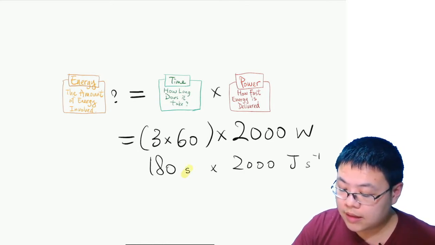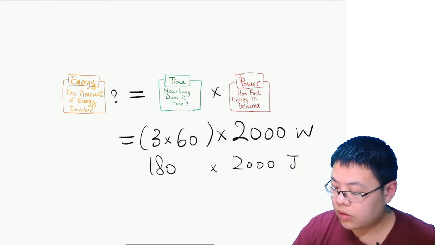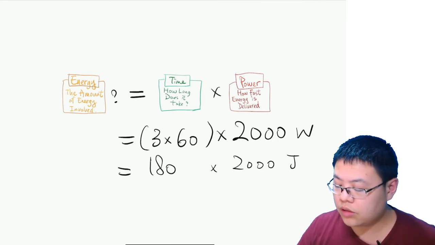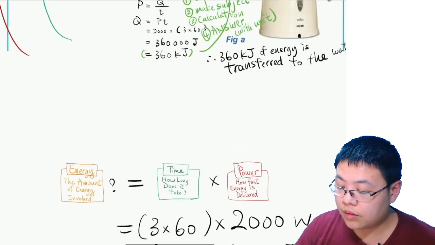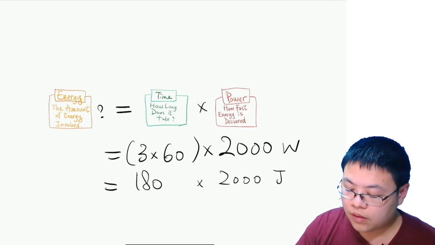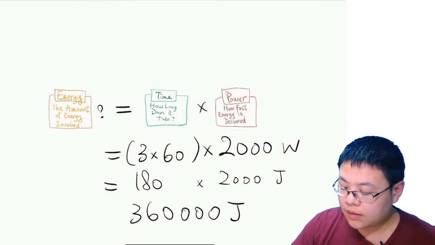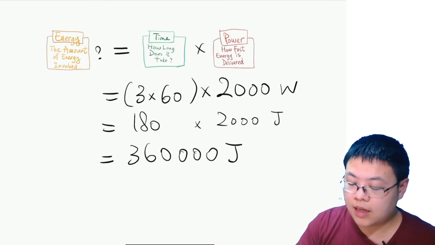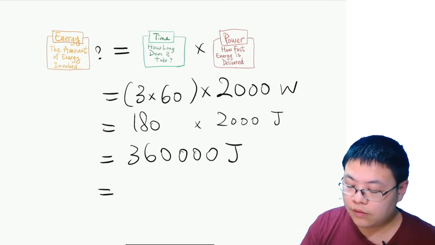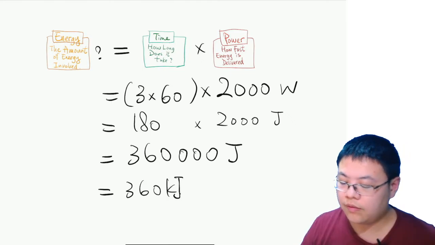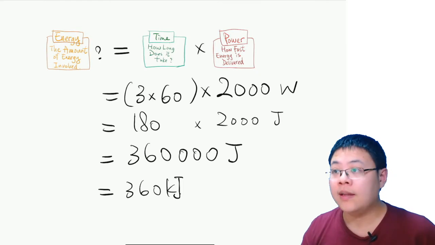And then since this second and this per second cancel out, the number you get at the final stage is the number 360. This is the answer, and if you like, you can use kilojoule for the answer. Okay, that is the process.